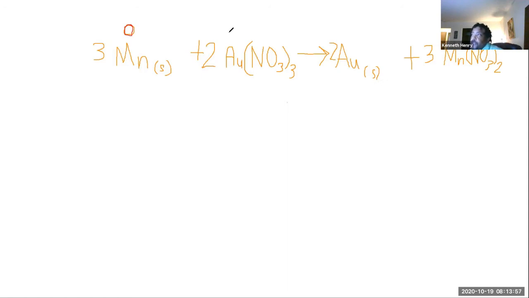Au. What do we know about... what was that? I don't know how to find the oxidation number for the transition metals. Can you go over that for me?